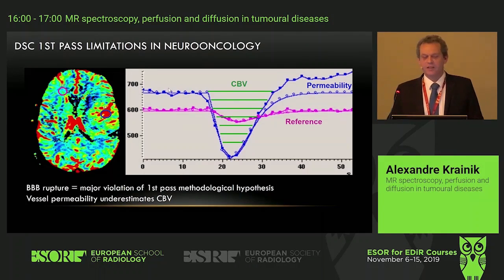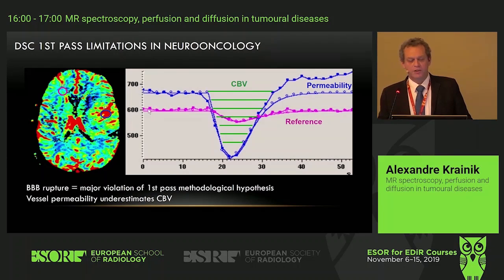Okay, and then you have to combine the two regions of interest. Here in pink, you see the reference in the white matter. You don't take the gray matter. If you take the gray matter, you can be fooled by some vessels, and the cortex also has an increased CBV.